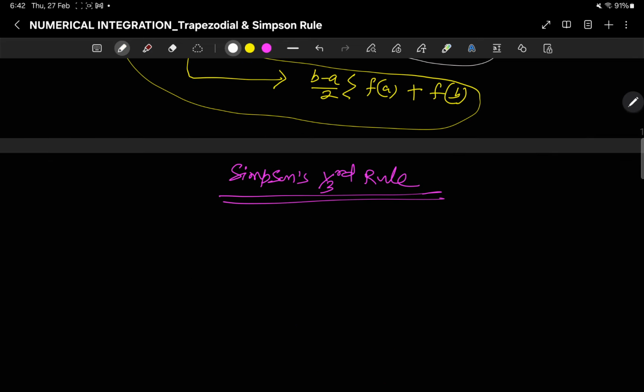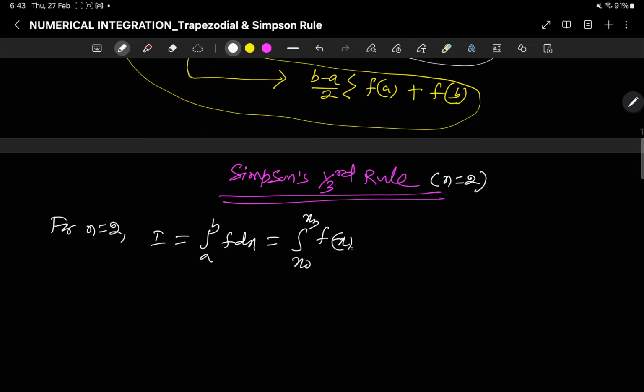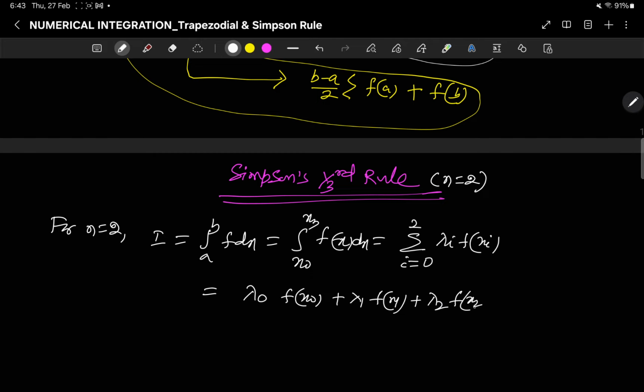Now for Simpson's 1/3 rule, here n is equal to 2. So for n is equal to 2, the integral a to b f dx becomes x0 to x2 f(x) dx, which will be the summation for i equal to 0 to 2 of lambda i f(xi). So this will be lambda 0 f(x0) plus lambda 1 f(x1) plus lambda 2 f(x2).